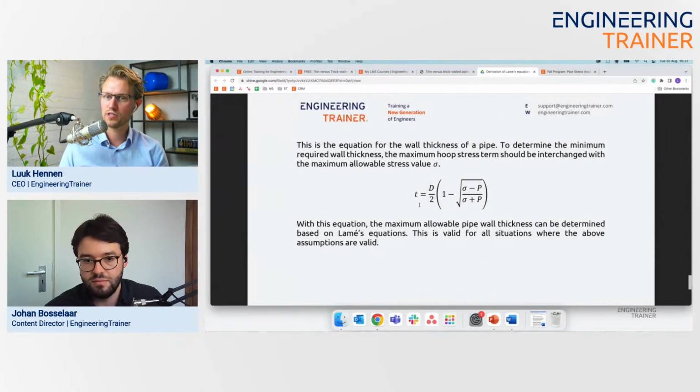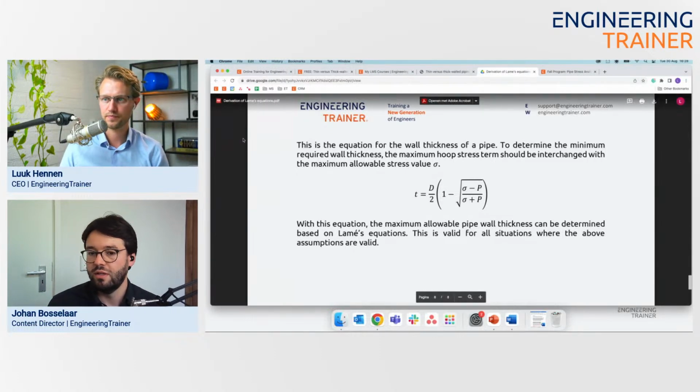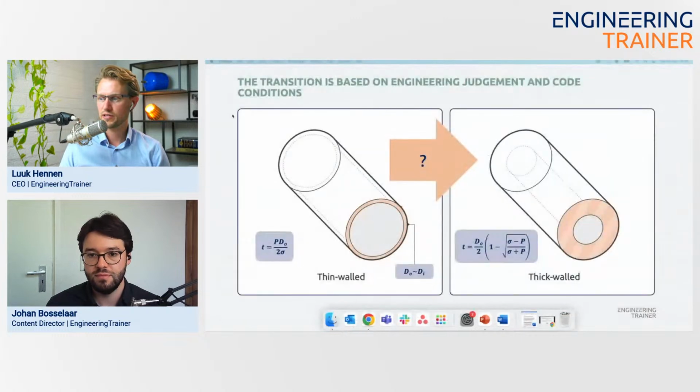We won't go into depth about that today, but that is also one of the base equations that is used in one of the codes for thick wall. Yes, that's true. So the European code, they use this equation as a base. EN 13480, right? Yeah. All right. So back to the slides.